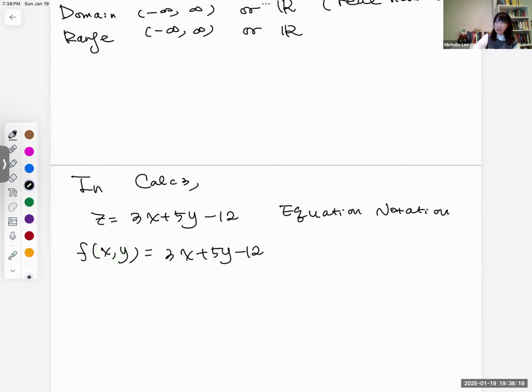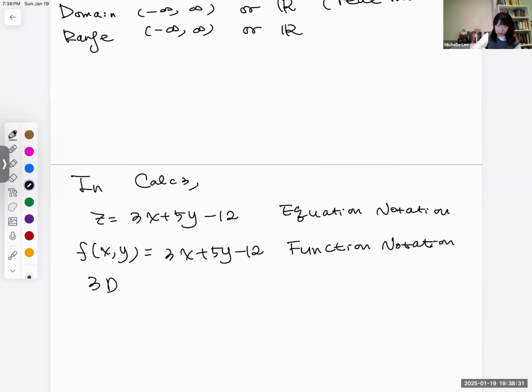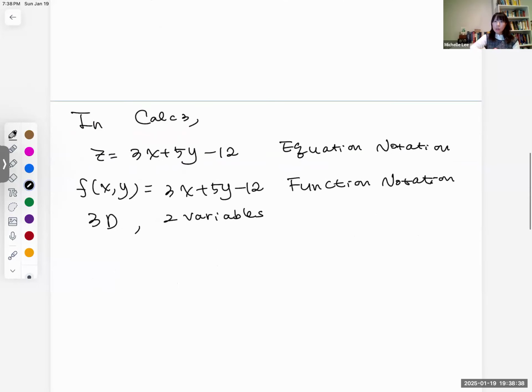So in that case, let me write down this one first, function notation. And then 3-dimension, and two variables, in this case x and y. So same, the domain is, instead of x, we have x and y.